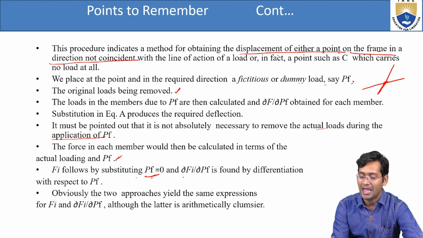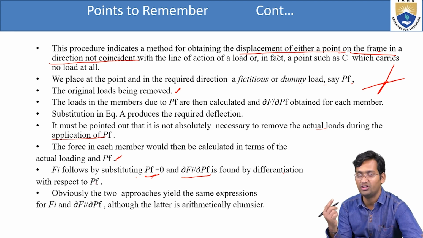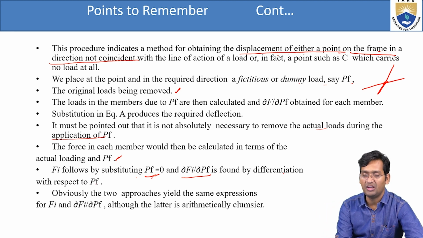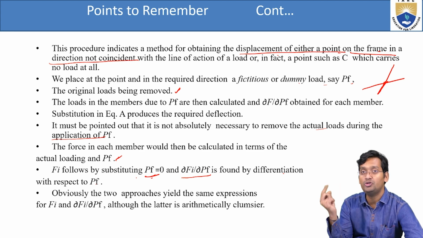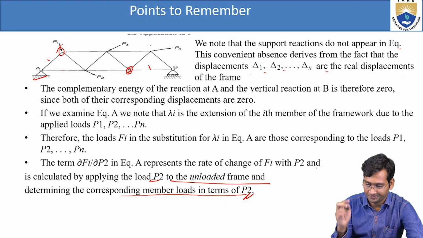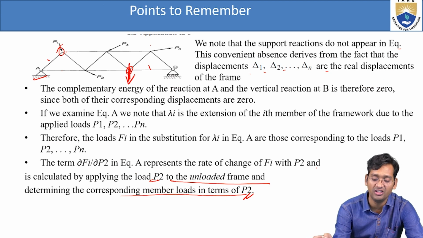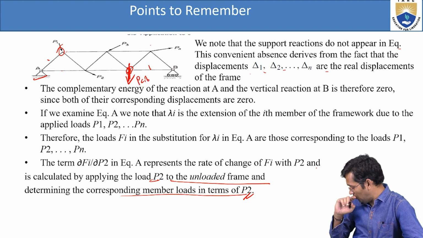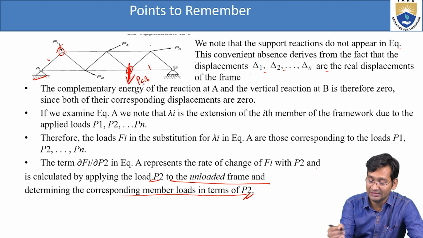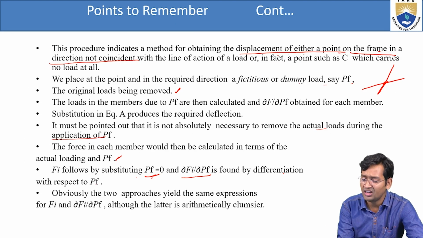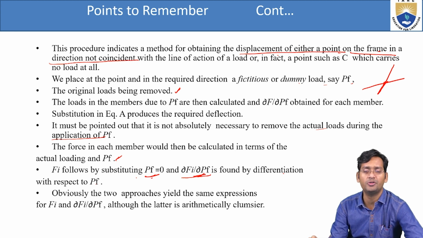So PF equals 0, and del Fi by del PF is found by differentiation with respect to PF. Whatever force is there, we have to remove that force, so make the PF term 0 and differentiate. Like when we found delta 2, we differentiated with respect to P2. Here, if you are finding deflection at C, whatever fixed load you applied, say PCF, differentiate with respect to PCF.